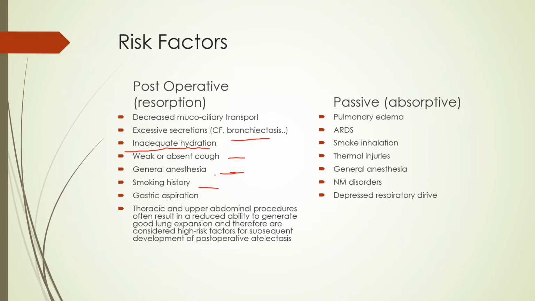Smoking history, we've already talked about that. Gastric aspiration, easily, because that can cause a pneumonitis and shock everything. Anything that has a thoracic or upper abdominal procedure can put them at very, very high risk for this, right? Because they can't get good lung expansion, they might develop postoperative atelectasis, and then if that continues to fester, could lead to a postoperative pneumonia, and that's a huge deal out there in the hospital system, is preventing a postoperative pulmonary infection.